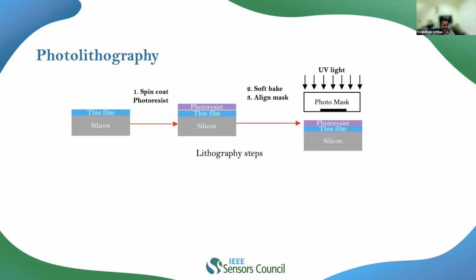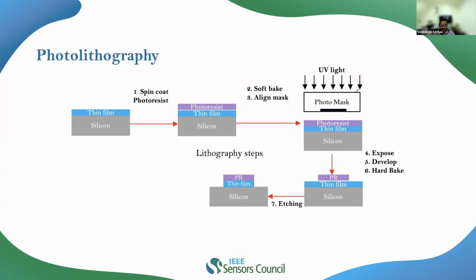Then I'll expose it to UV light. After exposure, I'm going to develop it. After the development, all the unexposed regions will be retained and all the exposed regions will be washed away. After that, we will do the etching. These portions will remain, and you can see that these portions of the thin film have been etched away.